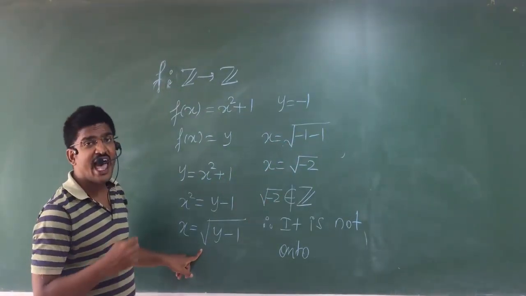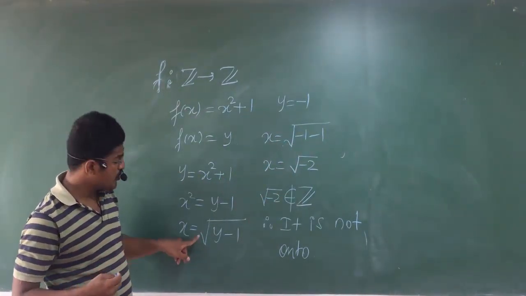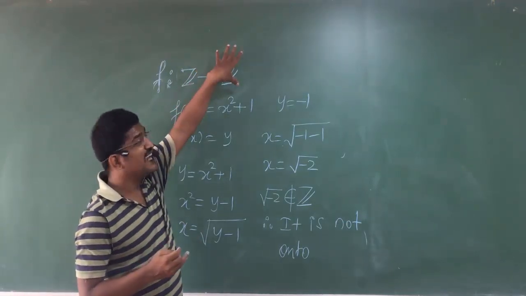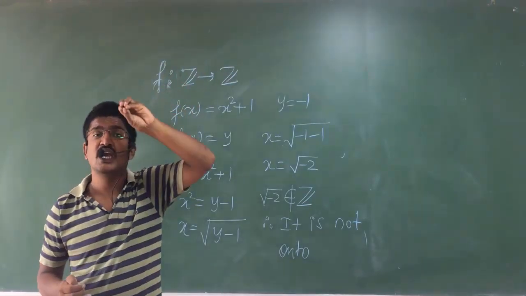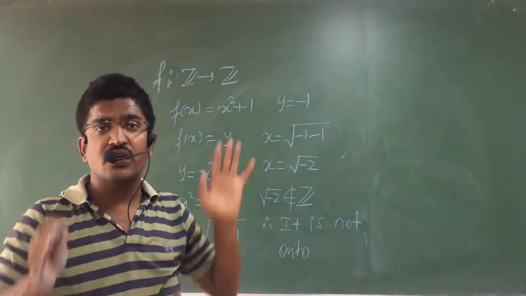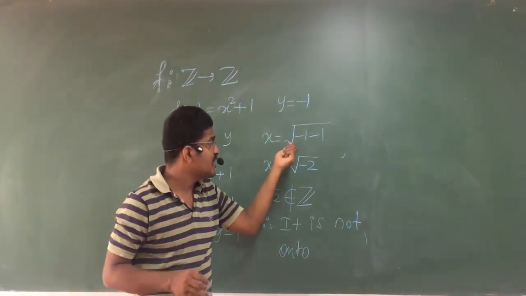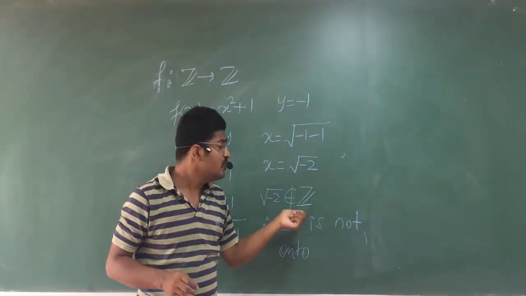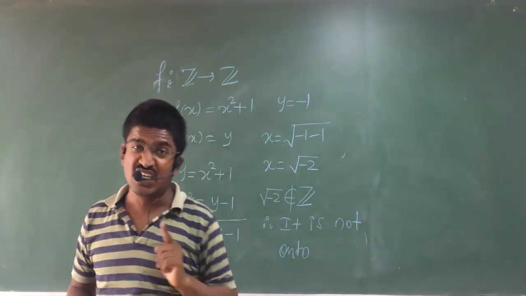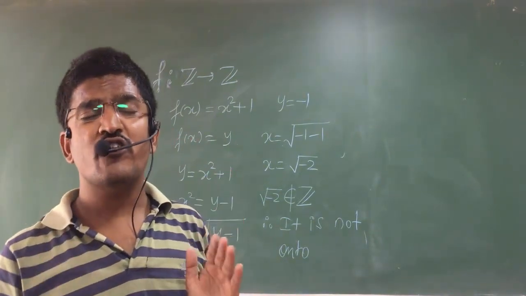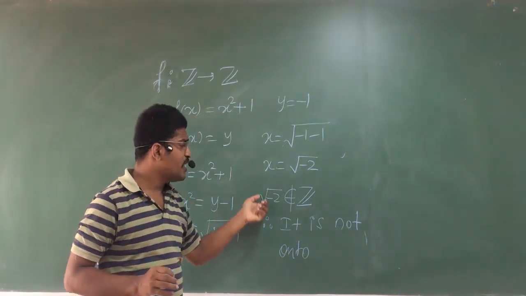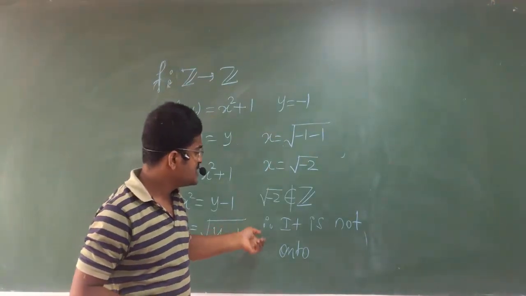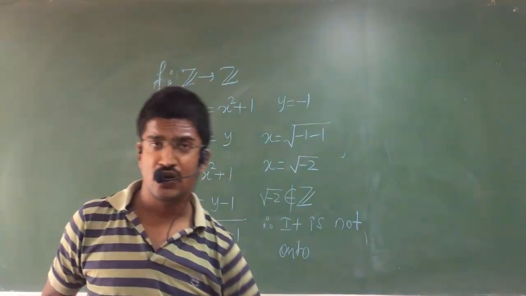Here I am checking whether there is any number in the codomain for which there is no pre-image. If I choose minus 1, it will be root of minus 2. Root of minus 2 is not an integer, it is a complex number. Therefore, root of minus 2 does not belong to Z, hence it is not onto.